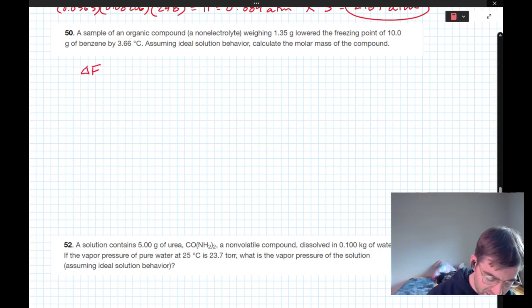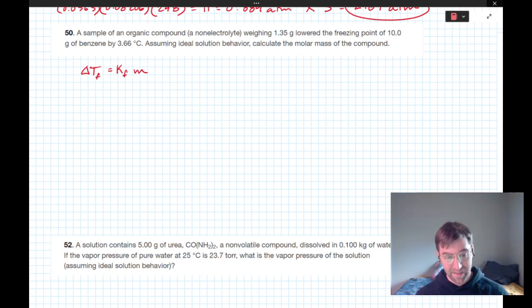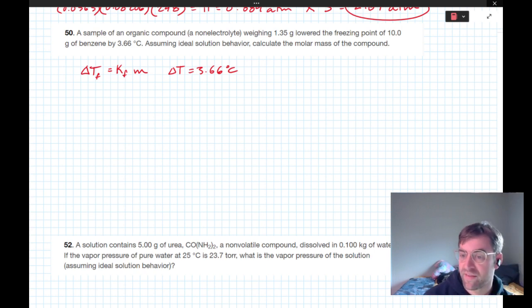Okay, sample of organic compound. We're dealing with the same formula, it's supposed to be a T for temperature. We're dealing with freezing point. So we know we're going to deal with the freezing point constant, and we know we're dealing with molality and not molarity. We had a change in temp of 3.66 degrees Celsius.